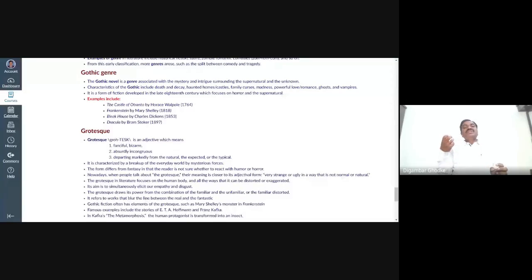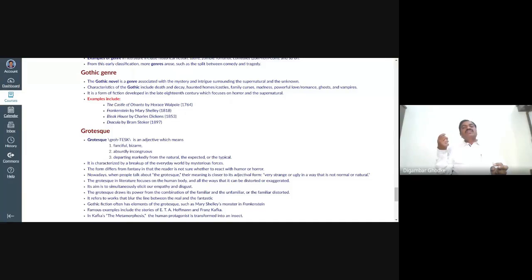So it has a mystery and a kind of intrigue. Intrigue means a plan to damage someone, destroy someone, just like Iago. Iago has an intrigue to destroy Othello. So now, what are the characteristics of the Gothic genre?